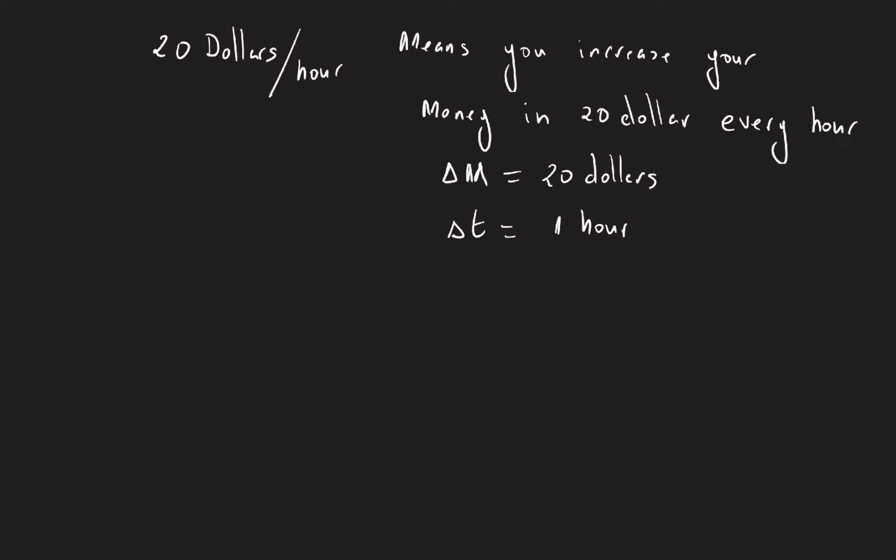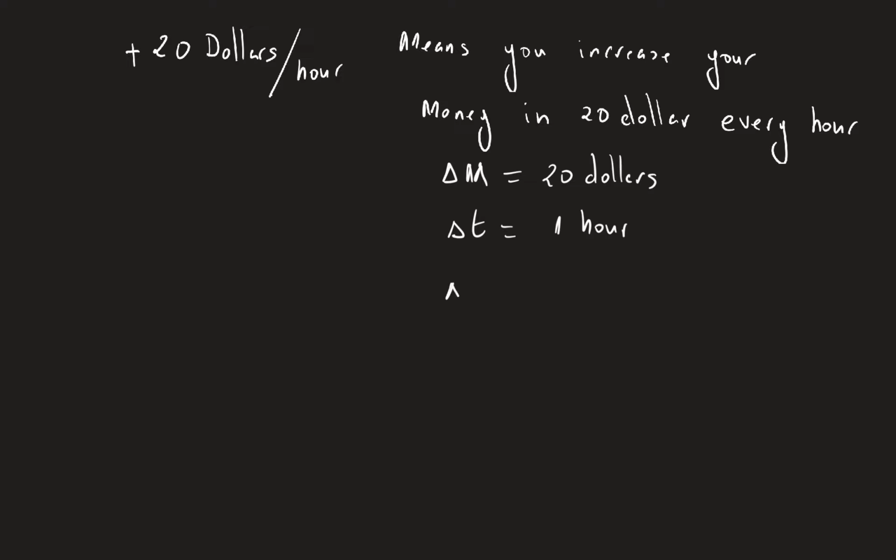$20 per hour means that you increase your money by $20 every hour. So the change in your money is $20 and the change in time is 1 hour.